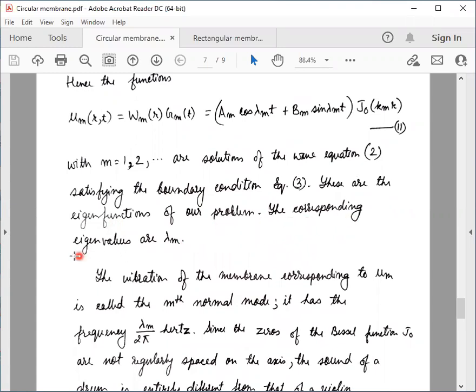The corresponding eigenvalues are given by lambda m. The vibration of the membrane corresponding to Um is called the mth normal mode. It has frequency given by lambda m by 2 pi hertz.